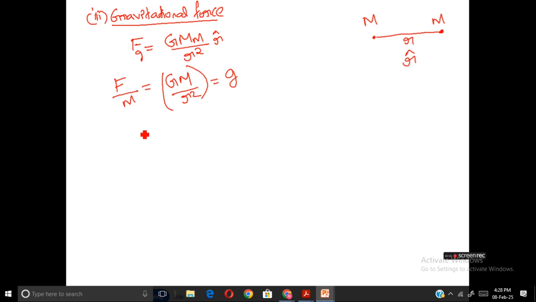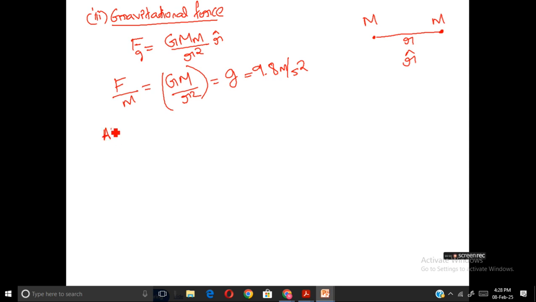So the gravitational force acting per unit mass is nothing but the acceleration due to gravity itself. This generally has a value of 9.8 meter per second square, right?